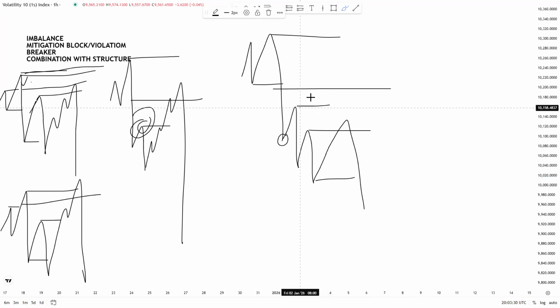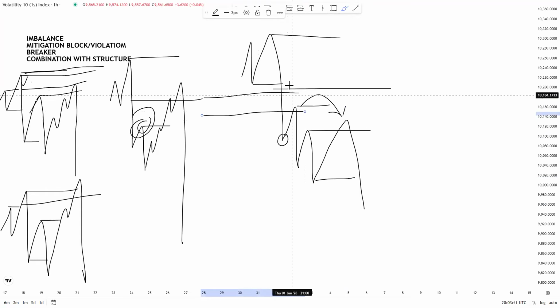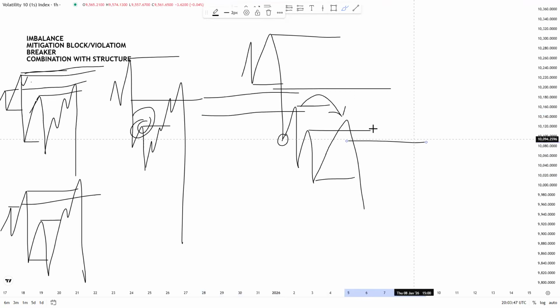That there's already a money transfer from here to here. That means there might be something in the past that made price transfer from here without coming back to the original zone.